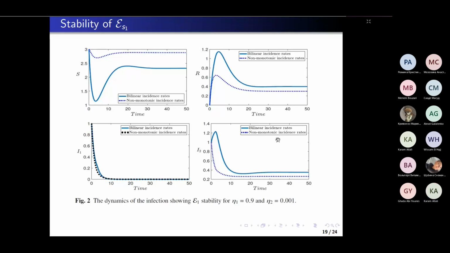And here we have the susceptibles behaving like what you see in the top left. The recovered stay at a positive level. And here, what is interesting is this curve down left, where the curve goes to 0 for the bilinear incidence rates and also for the non-monotonic incidence rates.